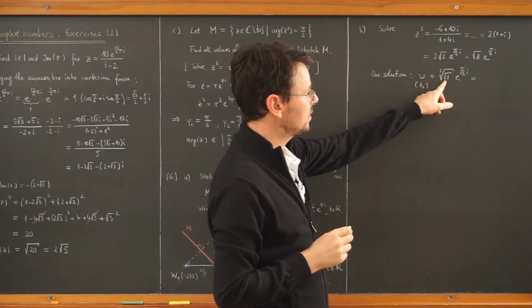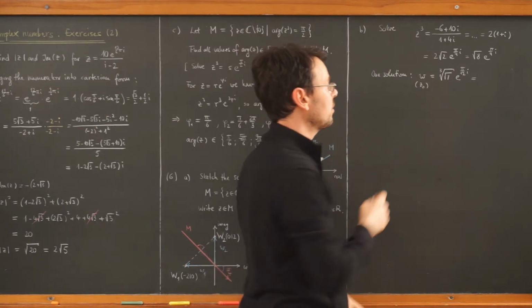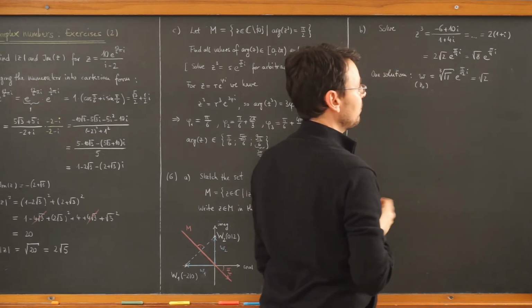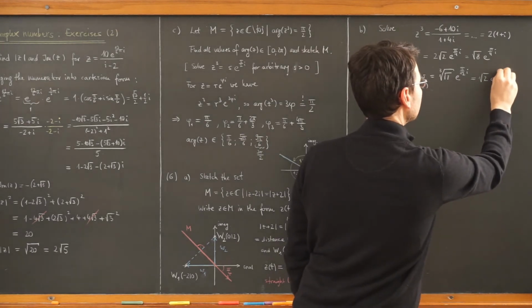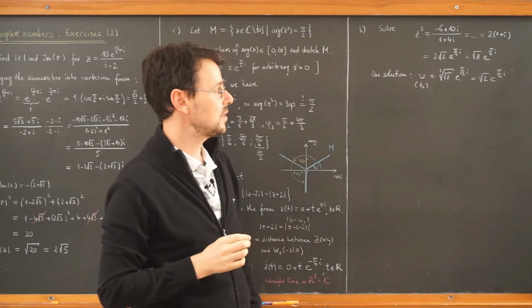Now this here is the sixth root of 8. 8 is 2 to the third power, so you end up with 2 to the 1/2 or square root of 2 times e to the pi/12 times i.